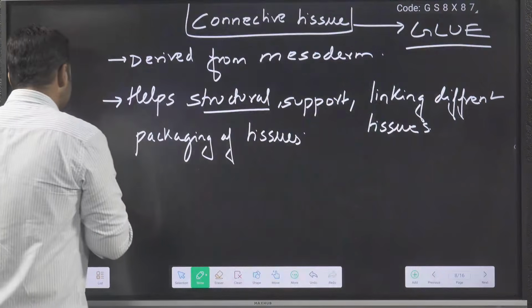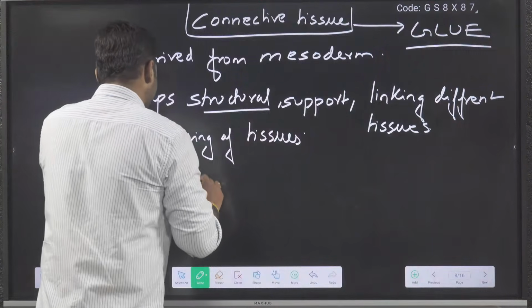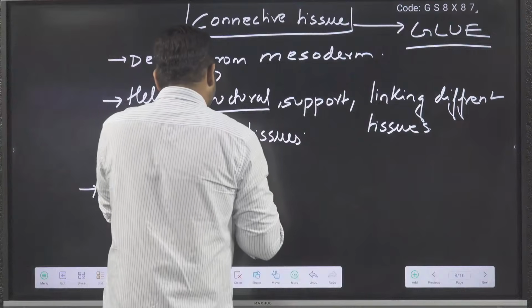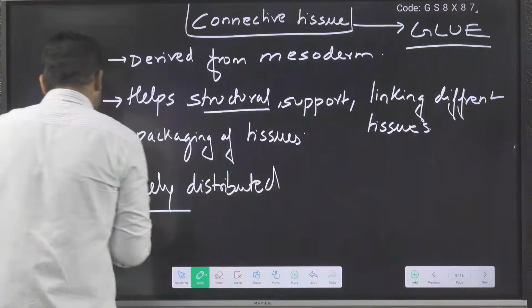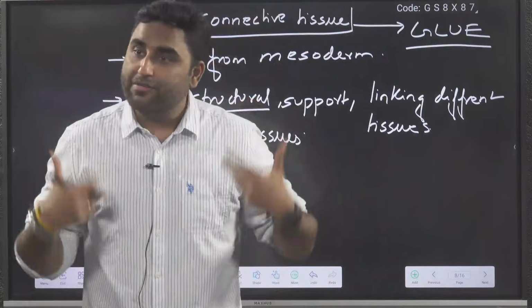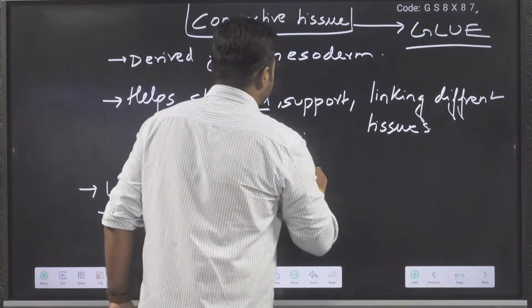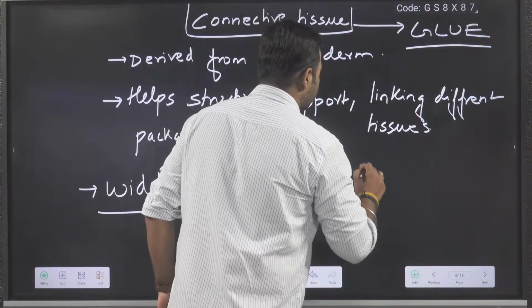Am I clear? Next, it is the most widely distributed and abundant tissue in your body. Everywhere you require a glue, from top to bottom, connective tissue is there.